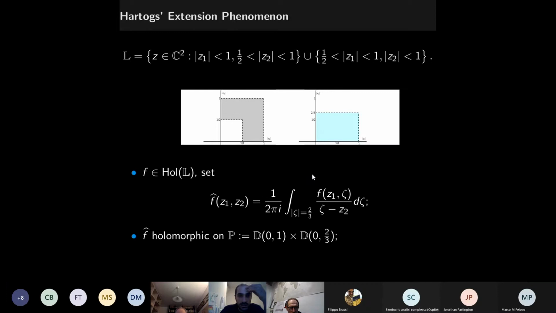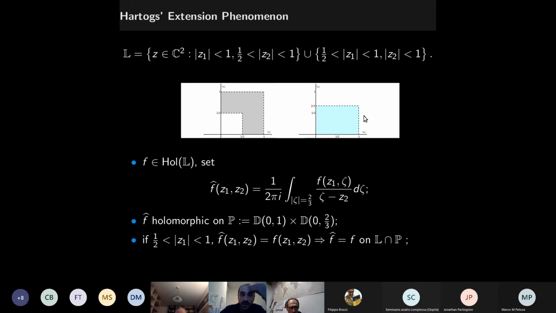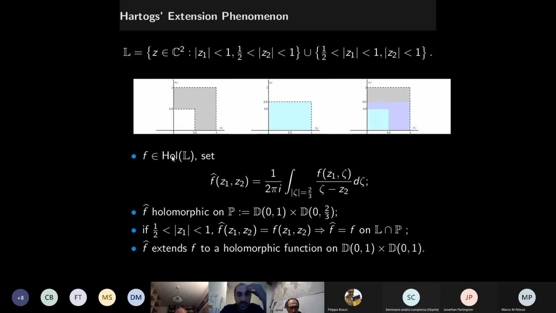So this function F hat is actually a well-defined holomorphic function on the polydisk D(0,1) times D(0,2/3). Of course, F hat and the original function F coincide on the intersection of these two domains. And so we can extend any holomorphic function F on this L-shaped domain to the whole polydisk D(0,1) times D(0,1).